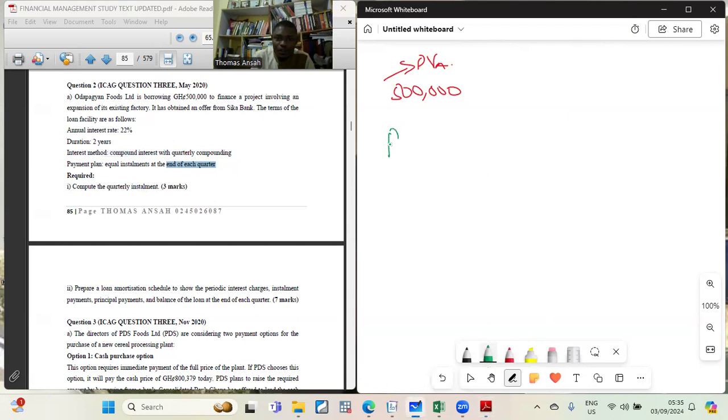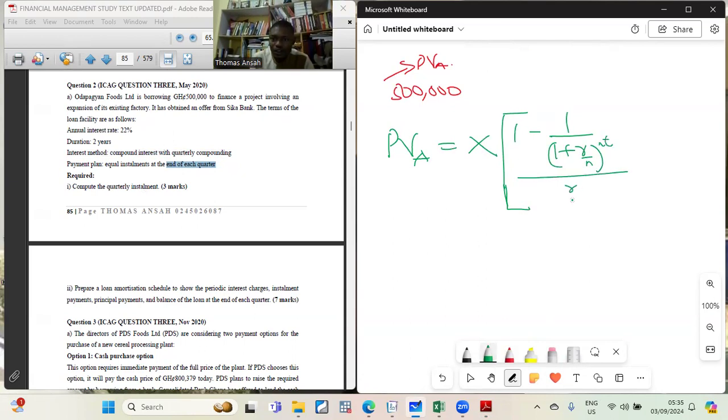So the PVA formula is equal to, you can use PMT, but I would prefer to still use the X. So you do 1 minus the discount factor formula, which is 1 over (1 + r/n)^(nt), all over r/n. So that is all. We know that the money is 500,000. We are looking for X.